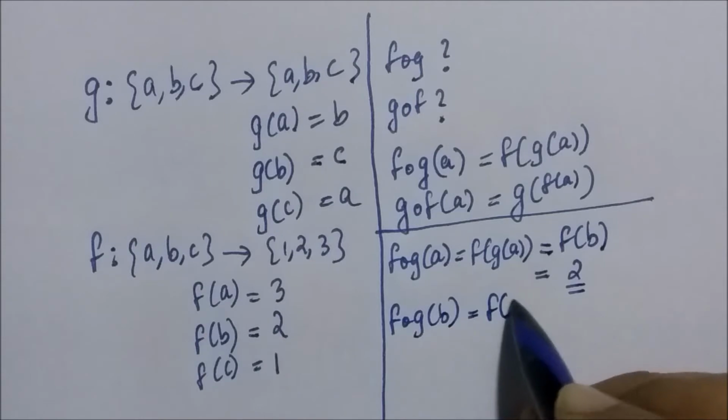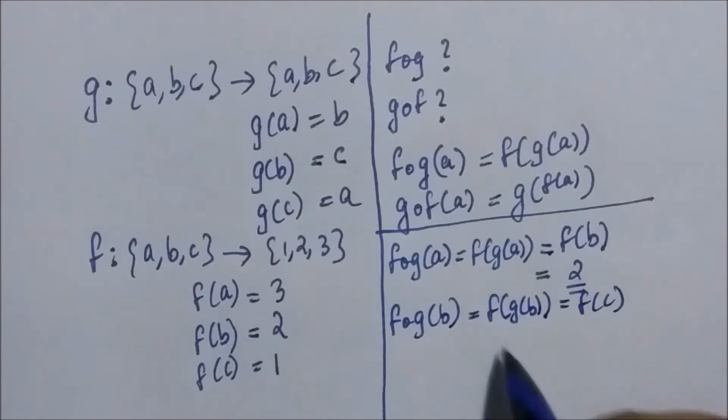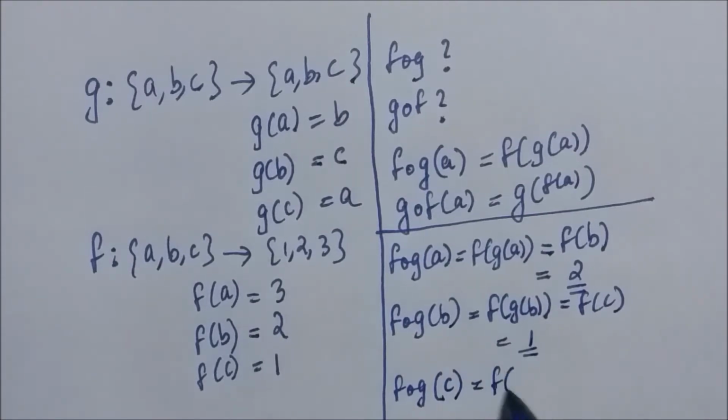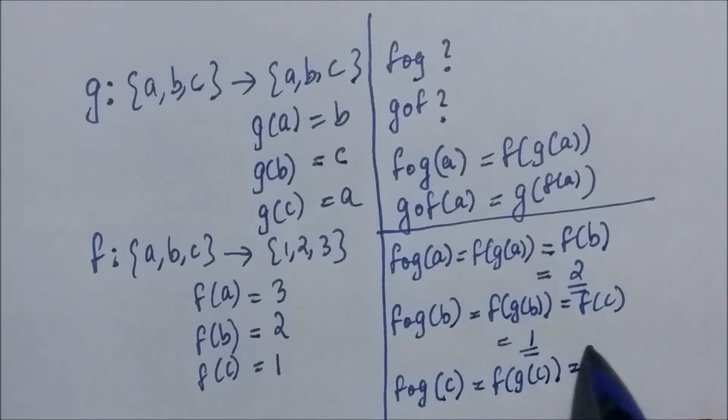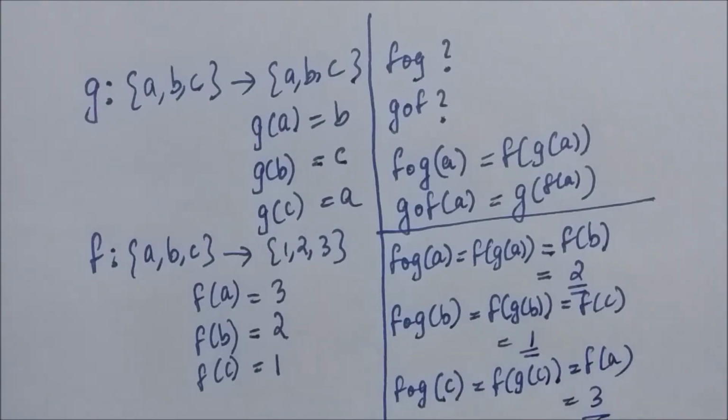F composition G of b equal to F of G of b. G of b equal to c, which means F composition G of b equal to F of c, which is equal to 1. F composition G of c equal to F of G of c, and G of c is nothing but a, which means we want to find F of a and F of a equal to 3. So F composition G of c equal to 3.